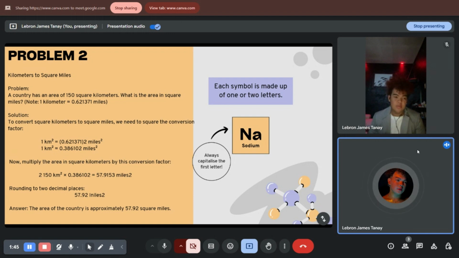So 1 kilometer squared is equal to 0.386102 miles squared. Now, multiply the area in square kilometers by this conversion factor.